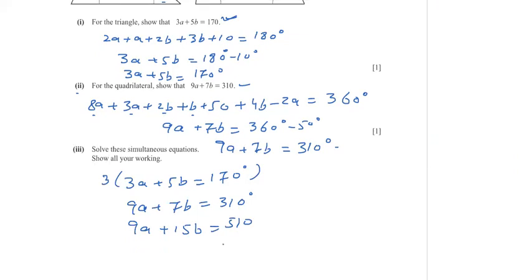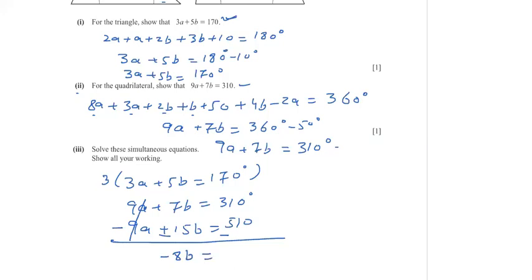Now subtract them. When we subtract, all these signs will change. This will cancel. 7b minus 15b will be minus 8b.